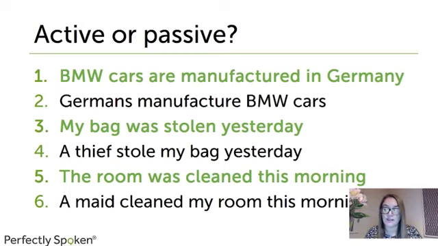And the room was cleaned this morning. We're not saying who did it, by a maid. So in each of these examples, we're not saying who, we're not telling the agent. So why is this important? Well, let's have a look at why we use the passive tense, and then it will become a bit clearer.